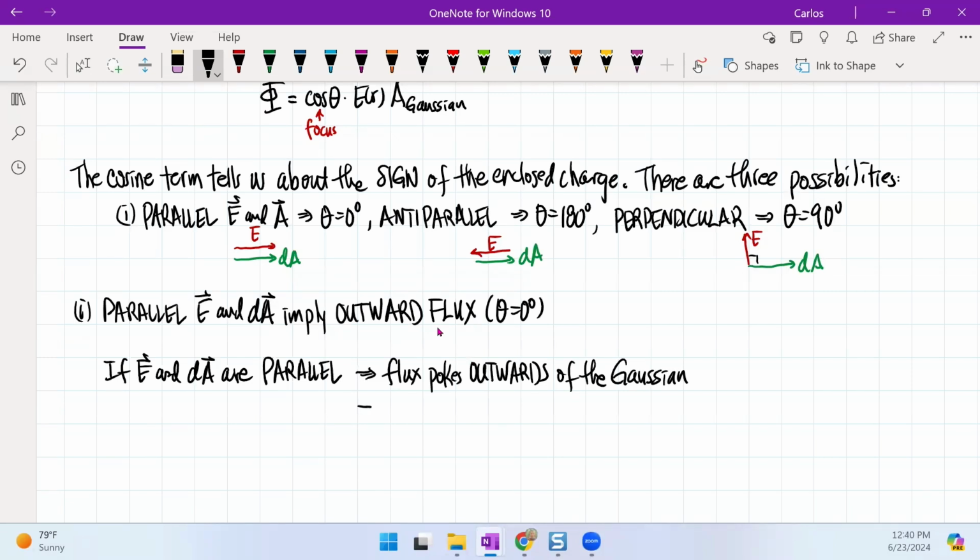But we've already defined that outwards is only true for a positive enclosed charge.